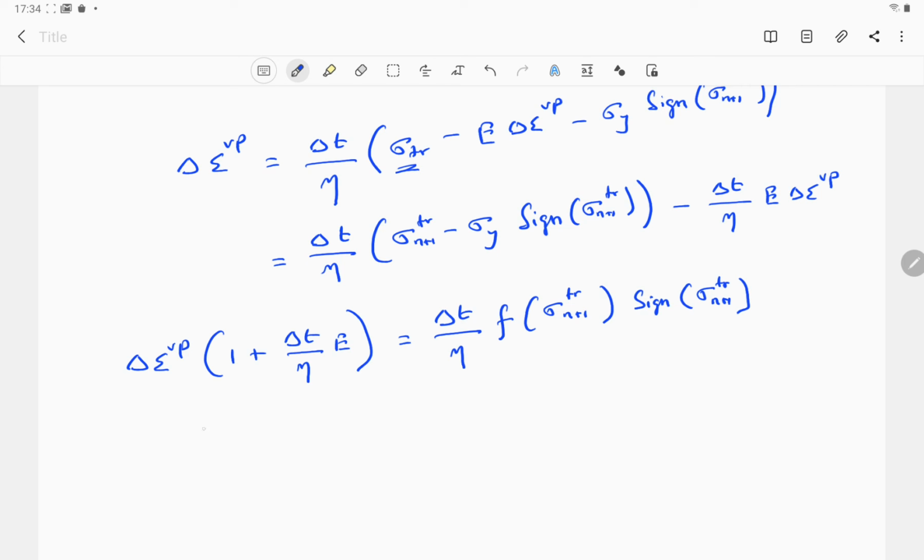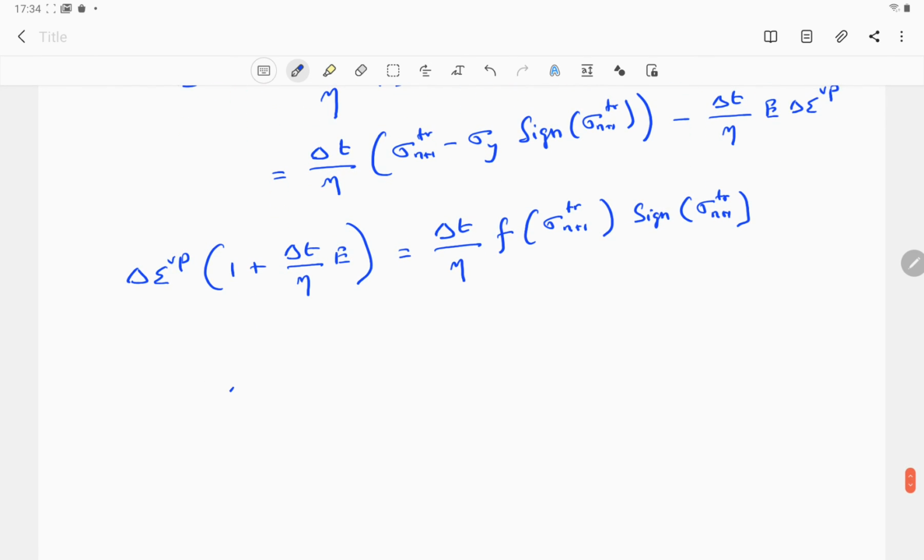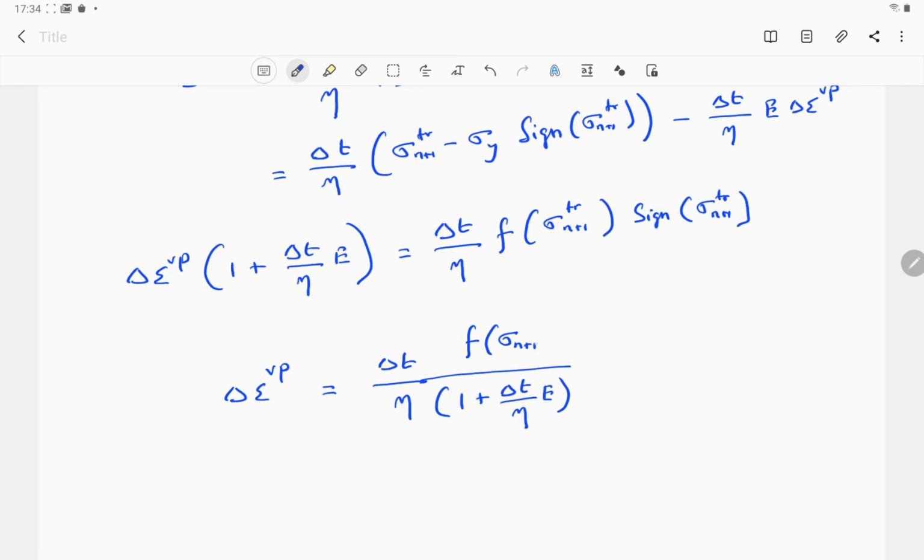And then delta epsilon Vp is equal to, finally, 1 plus delta t by eta E, f of sigma n plus 1 trial, sine of sigma n plus 1 trial.